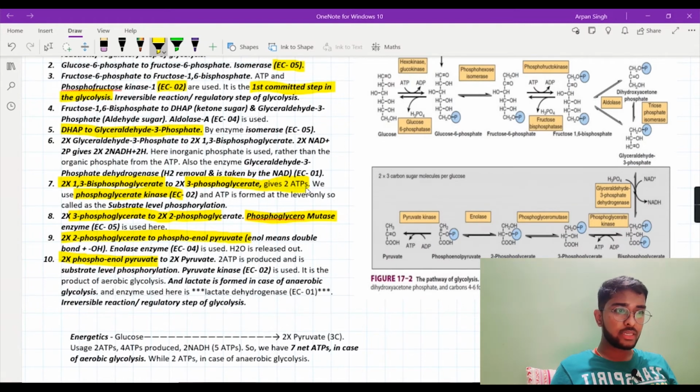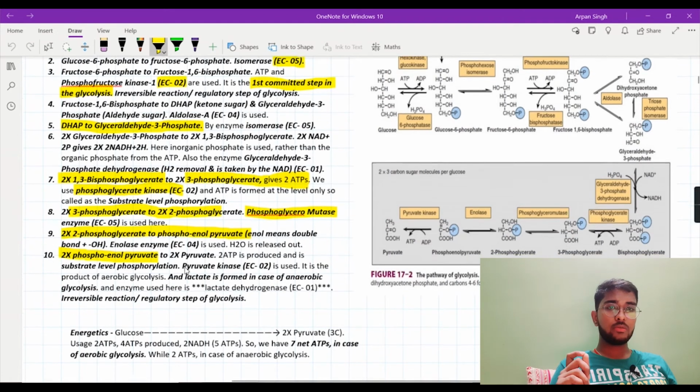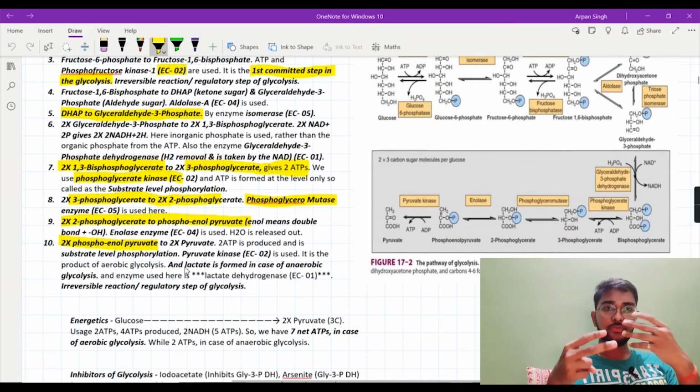We can see here on the screen, 2 ATPs when 1,3-bisphosphoglycerate is converted to 3-phosphoglycerate, and 2 molecules of phosphoenol pyruvate give 2 molecules of pyruvate and 2 ATPs also. So 2 ATPs utilized, 4 ATPs gained. So net we have 2 ATPs.